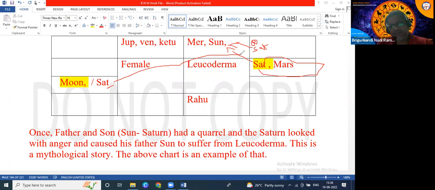Then only the native will get leukoderma. So this is only a mythological story. Saturn is not at all concerned with our skin. Our skin is related only to Mercury. So if Mercury is conjoined with any of its enemies, then only the native will have this type of health problem.